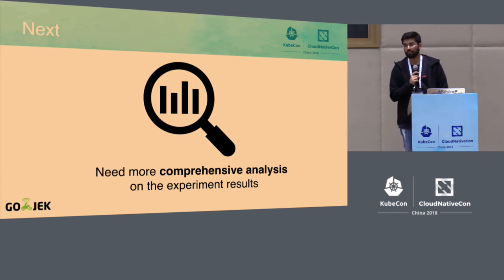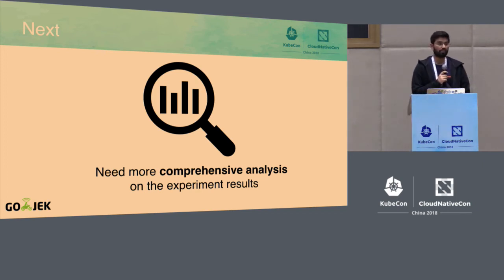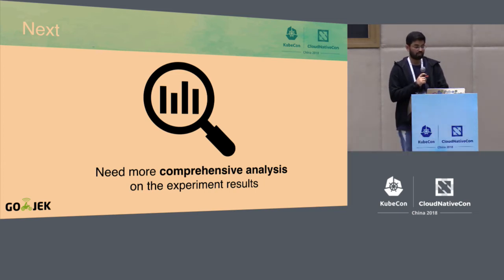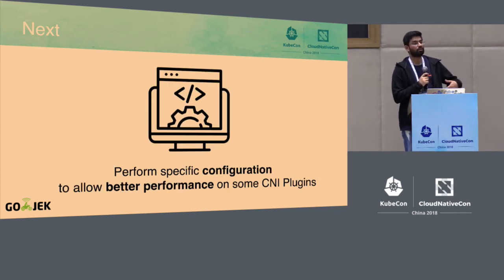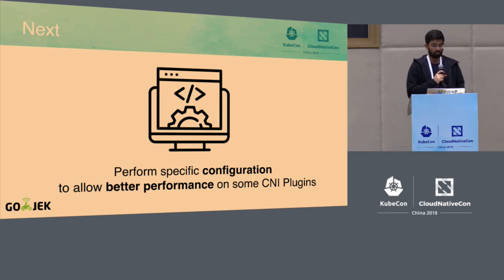For the experiment itself, we need a more comprehensive analysis, which will prove or add more info on what can be done to improve a particular CNI and give a much better picture of the differences between CNI plugins.